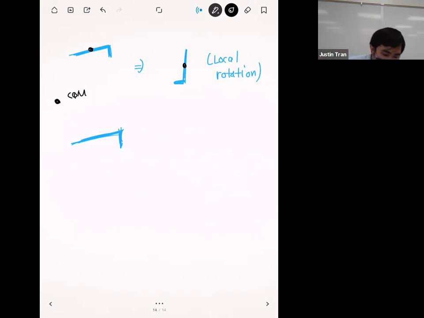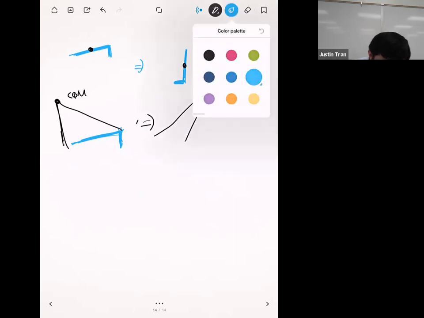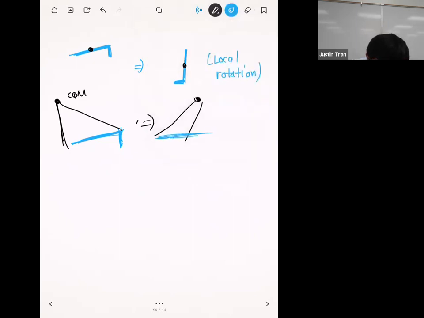If you think of this as a pendulum, the other thing that this leg is doing is going from here. So we draw the center of mass again, and I'm going to exaggerate it just to make it easier to see. The other thing that it's doing is something like this, where the entire leg is rotated from a position like this to a position like that.